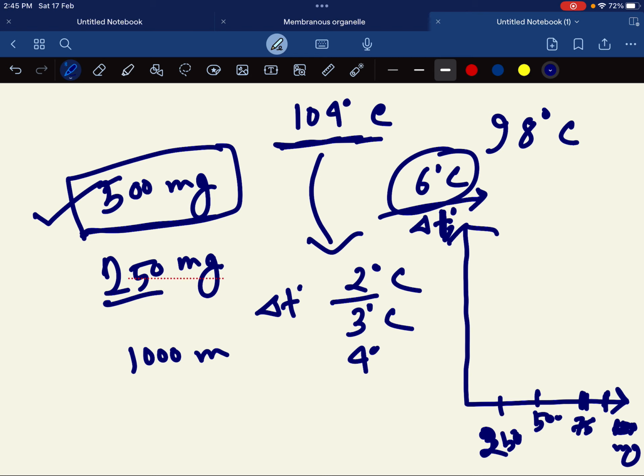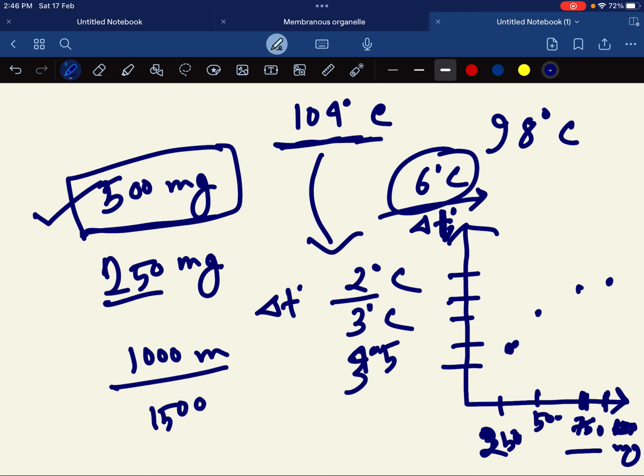So for 250 you get about 2 degrees Celsius, at 500 you get 3 degrees Celsius, at 750 you get about 3.5, and at 1000 you get about 4. And if you take 1500 milligram, then you will see that for a greatly increased dose there will be almost 6 degrees Celsius reduction of your temperature.